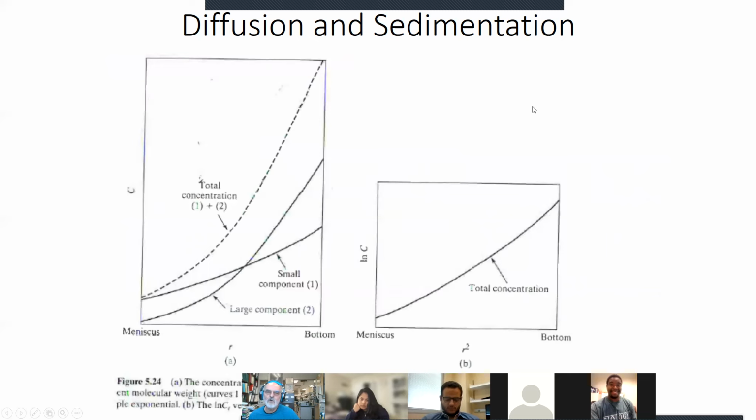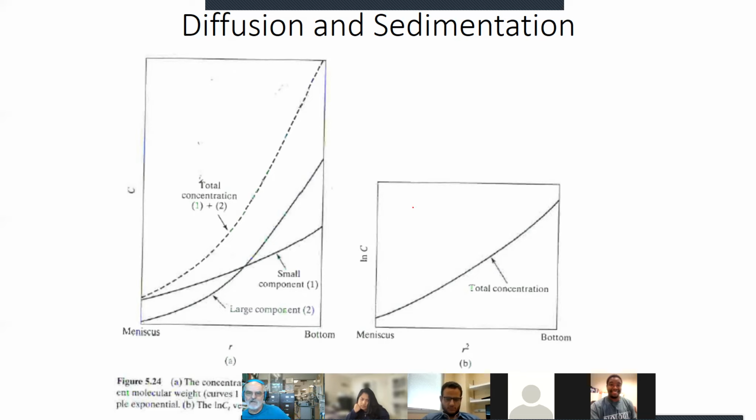Okay, if you have a mixture of materials, then what you will see is a total concentration summed up. This is what the signal would look like, but there would be a contribution from the small component, a contribution from a big component. And when you plotted ln C versus R, you wouldn't have a straight line.